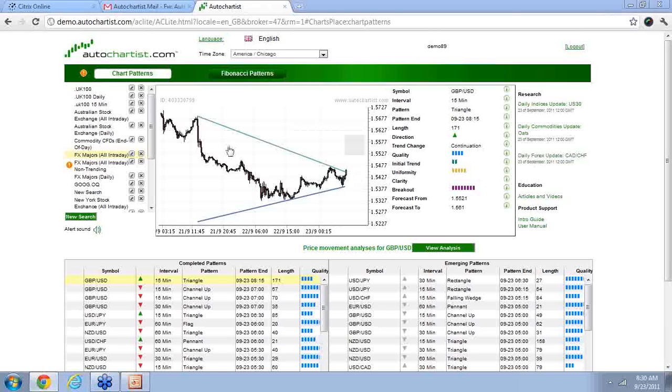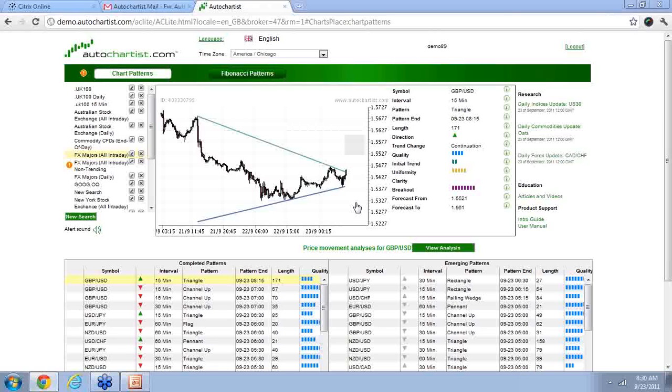Now, the uniformity and the clarity go together, and they show what's going on inside this pattern. So when you have a uniform market pattern, or you have equidistance between tops and bottoms, it's appealing to the eye and it's more aesthetic, and you tend to get more confidence that that market is going to do what it's supposed to do, because it looks good.